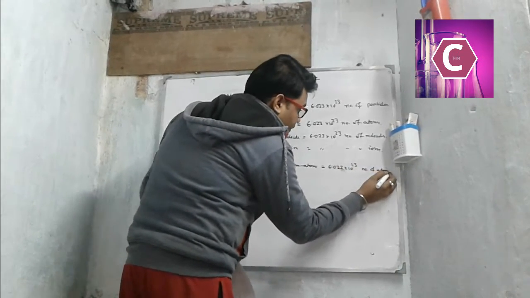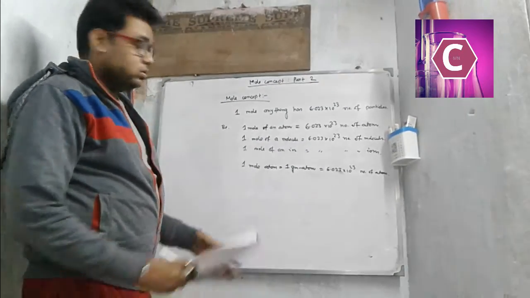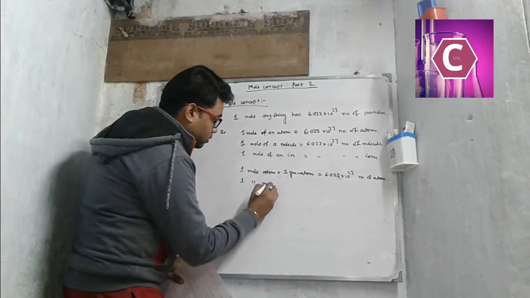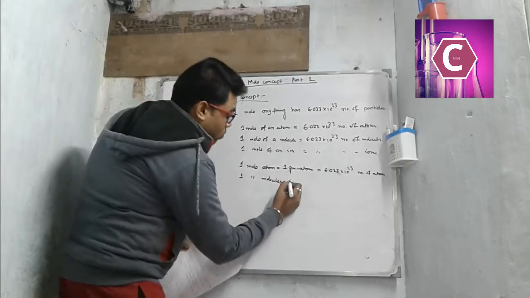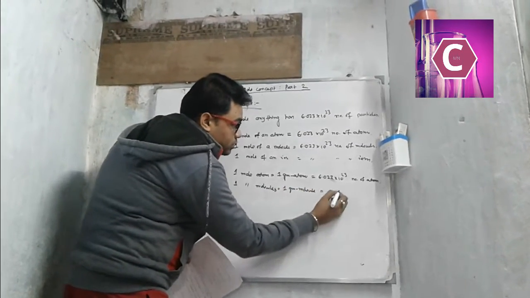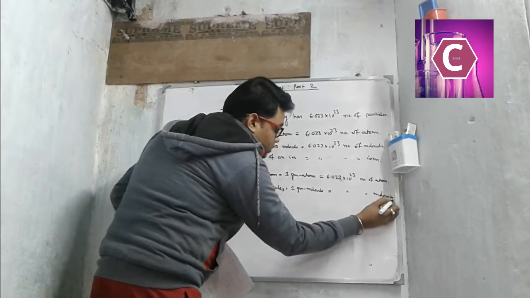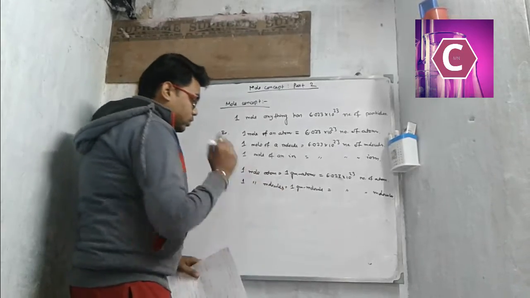So 1 gram atom is called 1 mole. Similarly, for a molecule, 1 mole molecule is equal to 1 gram molecule, equal to Avogadro number of molecules. So these are the relations of gram atom with mole and gram molecule with mole.